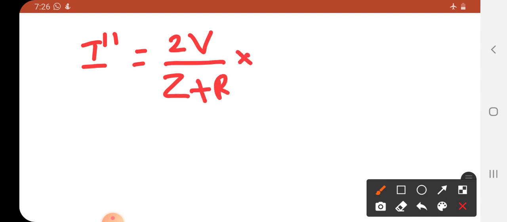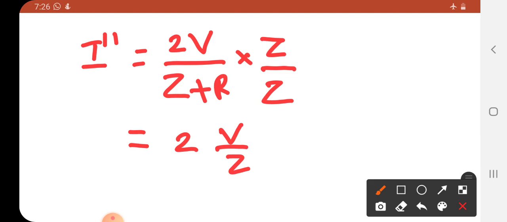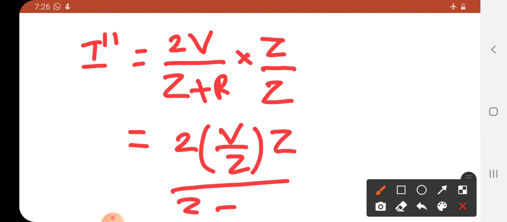Here what I am doing is I multiply and divide with Z, then it is 2 into V by Z into Z divided by Z plus R. Now what is V by Z?